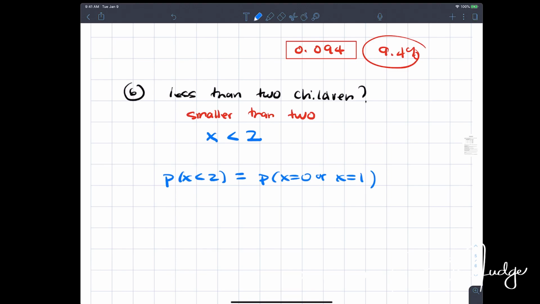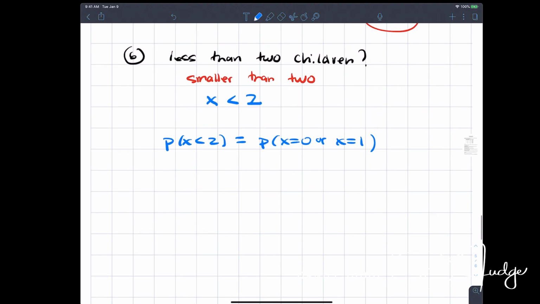Smaller than 2. You do not include 2. So the or statement says we have p of 0 plus p of 1. And yes, both Sandra's correct and Annabelle's correct. So we're going to have to add p of 0 and p of 1.